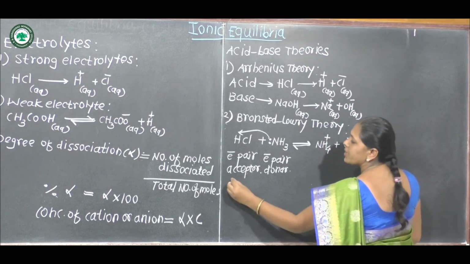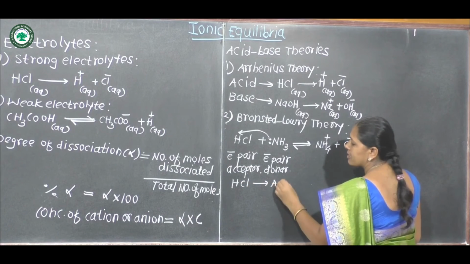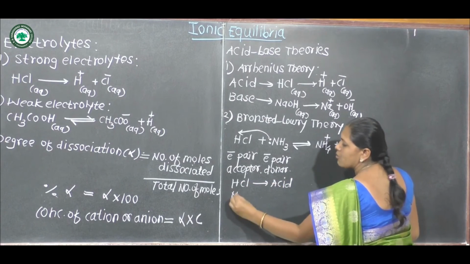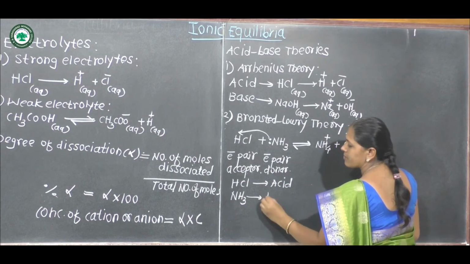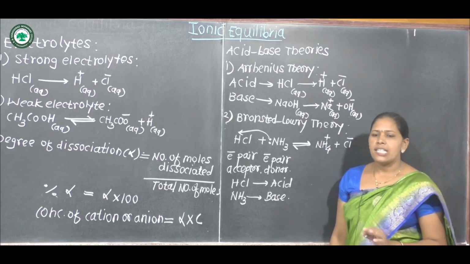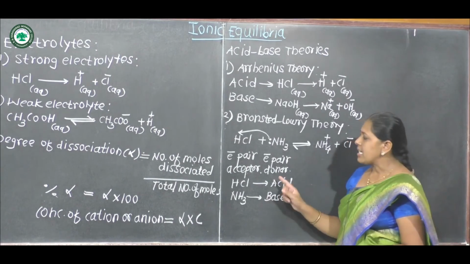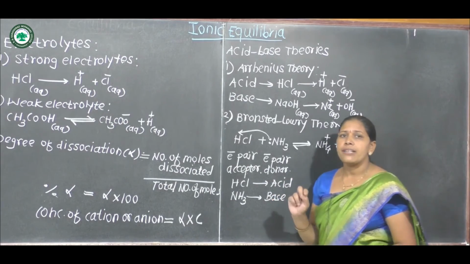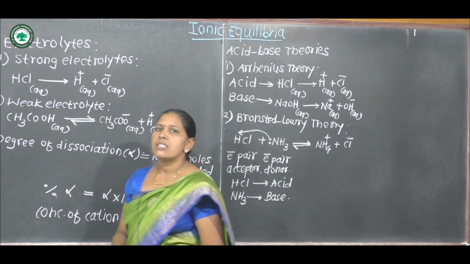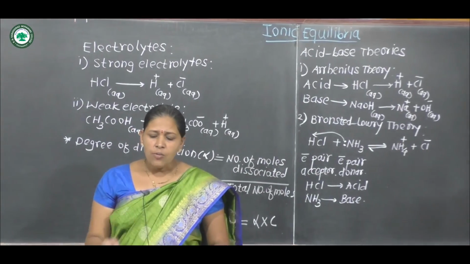Therefore, in this example, HCl is the acid and ammonia is the base. Therefore, we can say that according to Bronsted-Lowry theory, acid is the electron pair acceptor and base is the electron pair donor.